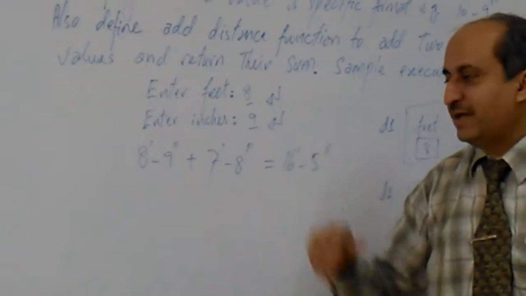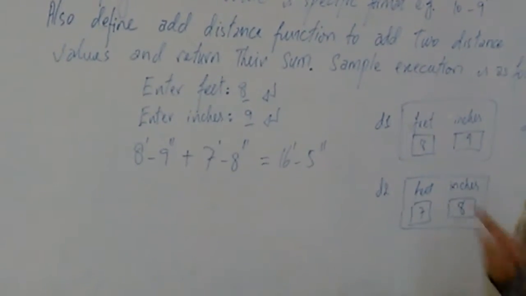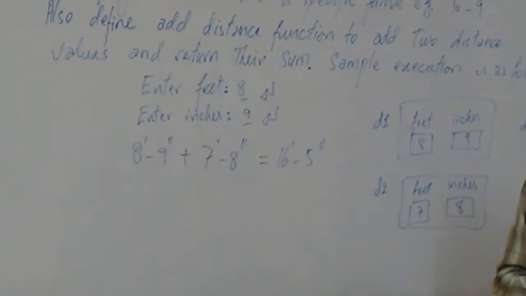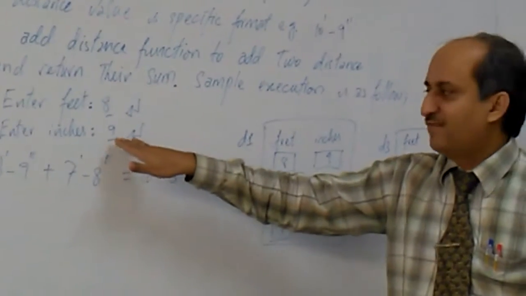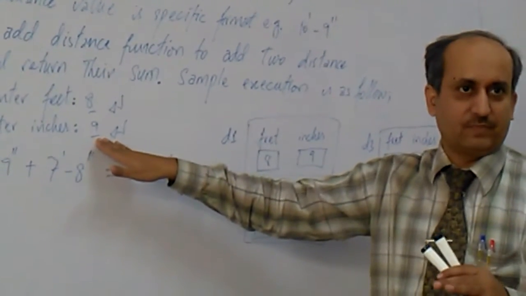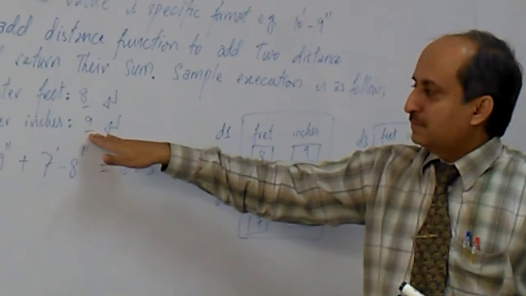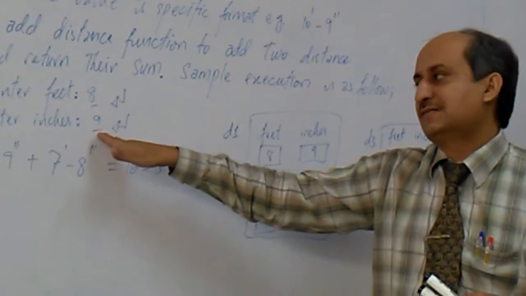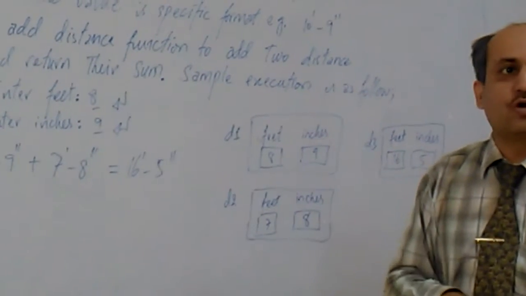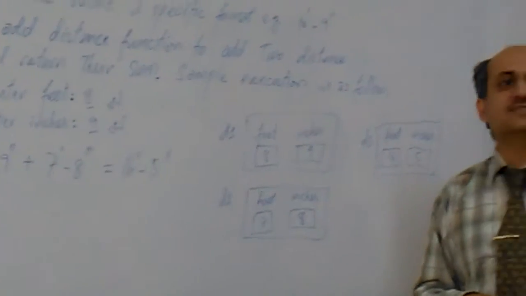Then our program will display enter inches to get the value of the other data member, that is inches. We are assuming that the user will give a valid value less than 12. And 9 is a valid value. Suppose the user enters 9. That value will be stored in one distance object.